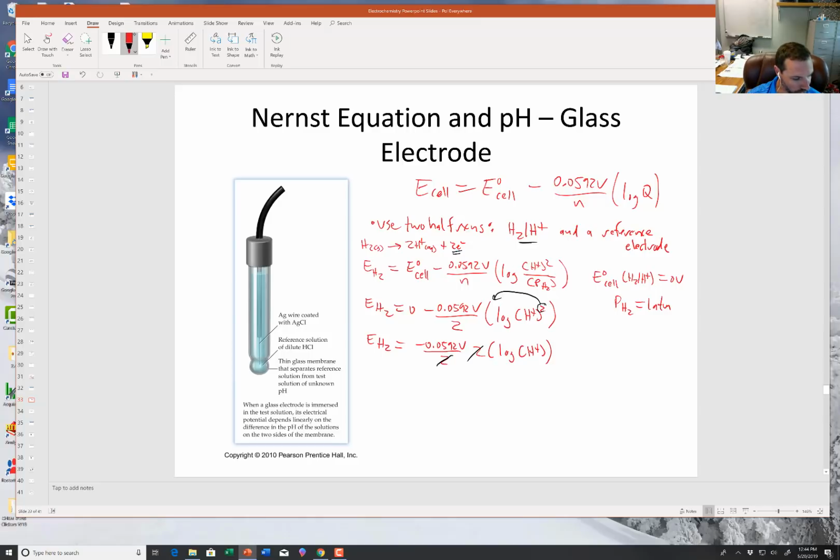And then let's rearrange. And we can say times the negative log of H+. And of course, you know that the negative log of H+ is pH. So we can then say this.